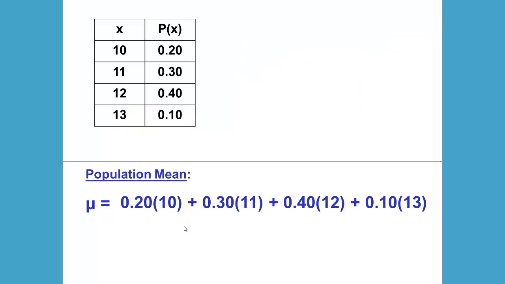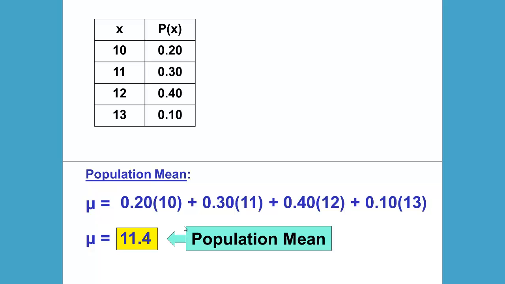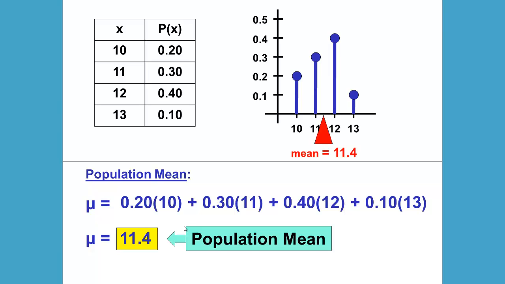Now do the arithmetic. This gives us 11.4 as the population mean. Notice this matches our graph, and we can visualize the mean as that balance point of our data.